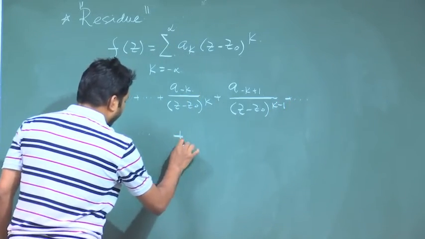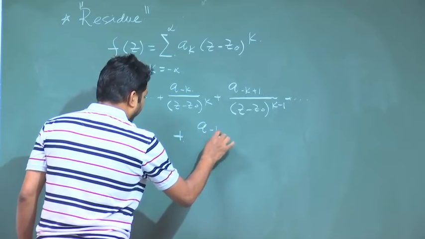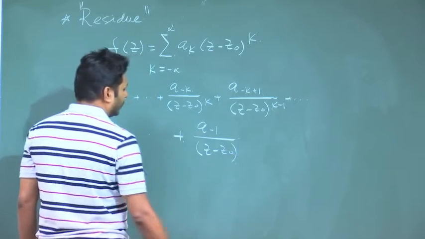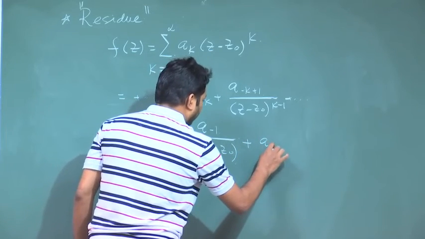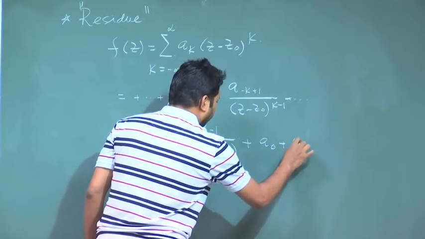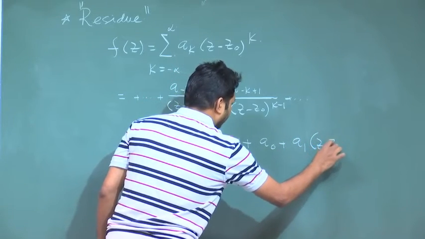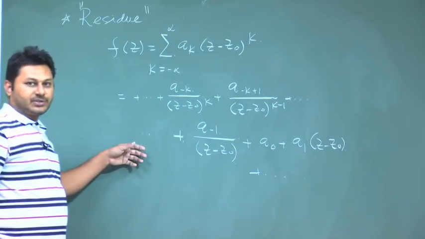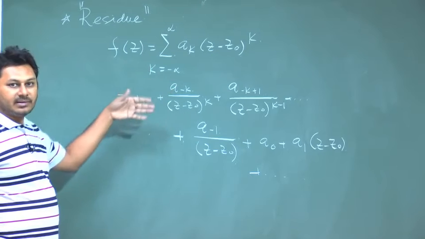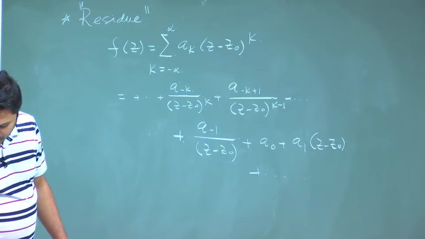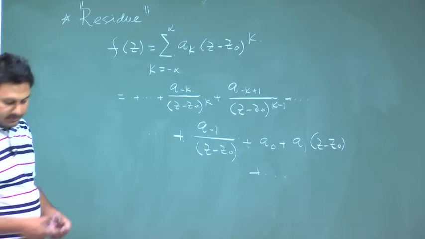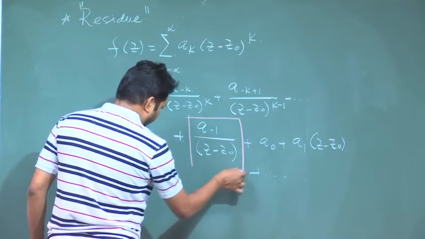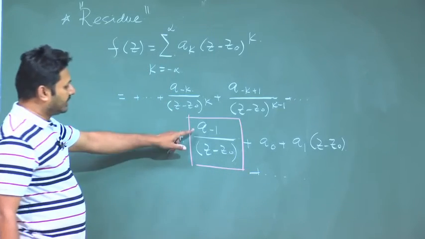Then one term will be a minus 1 divided by (z minus z0), plus a0, plus a1 (z minus z0), and so on. This is the entire expression if I expand, but you should only be careful about this term. So, residue is nothing but a minus 1.